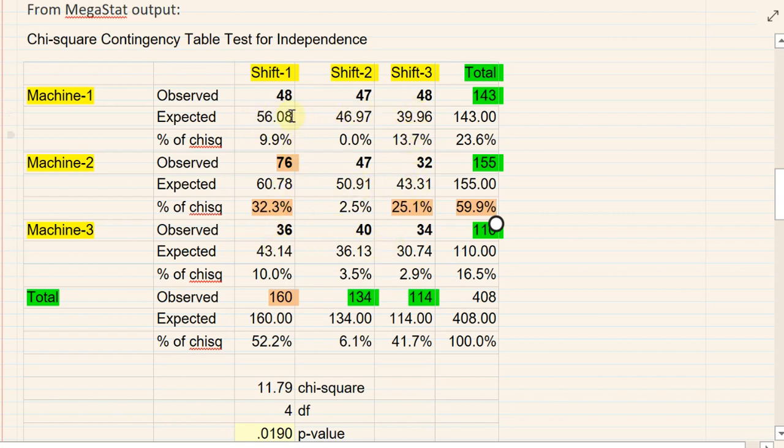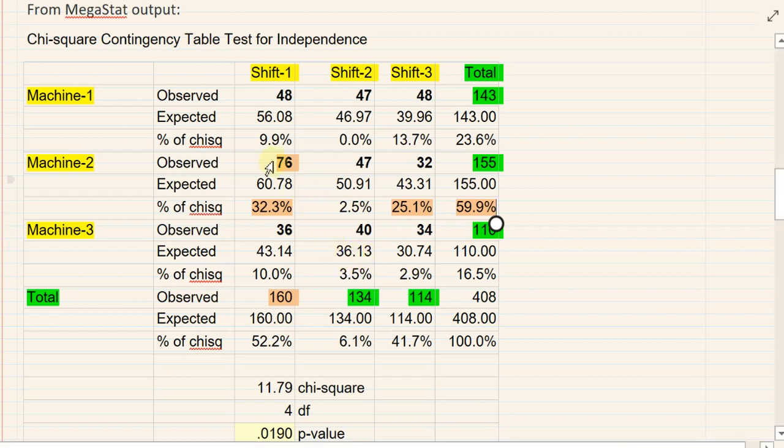So, for example, check out this number 40. During shift 2, machine 3, 40 rejected handles were observed. These are the actual observed frequencies. The theory says you should have expected 36 of those had the assumption of independence been true.